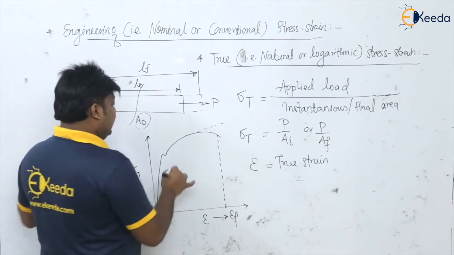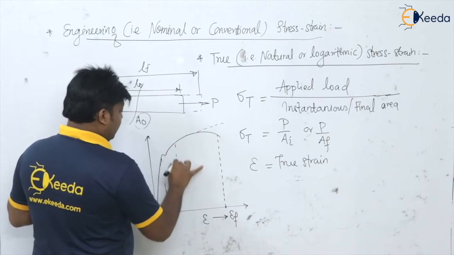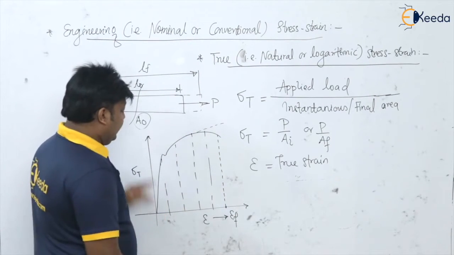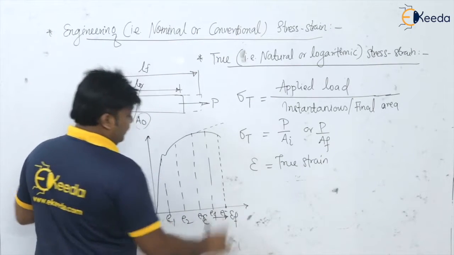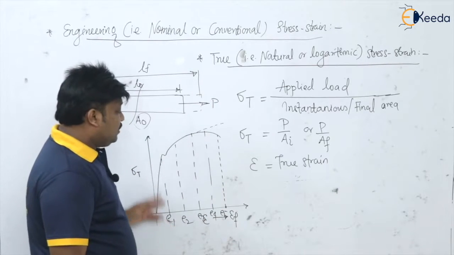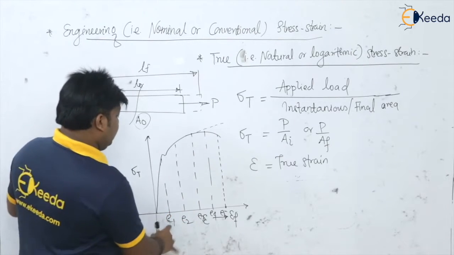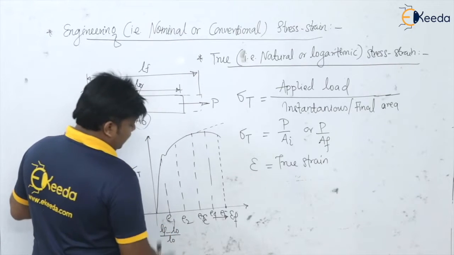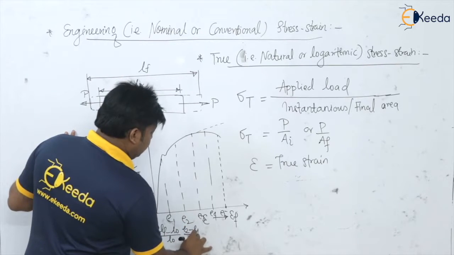Whatever values I have for the engineering strain, say E1, E2, E3, E4 up to E5, the true strain is the summation of all the nominal strains instant to instant. For example, E1 is L1 minus L original divided by L original. E2 is L2 minus L1 divided by L1.